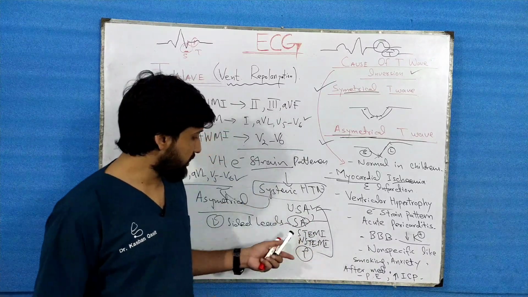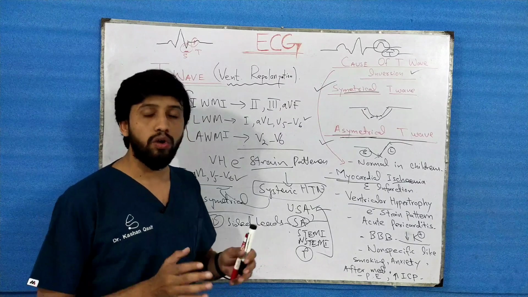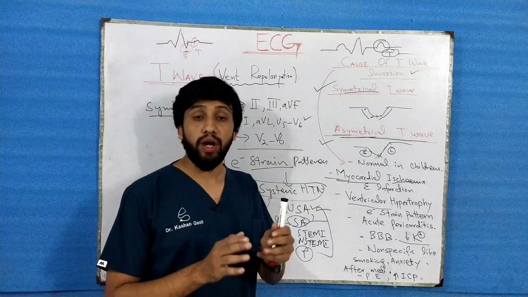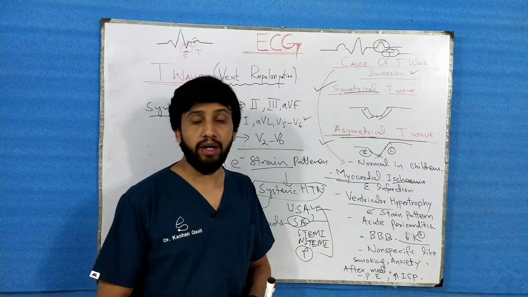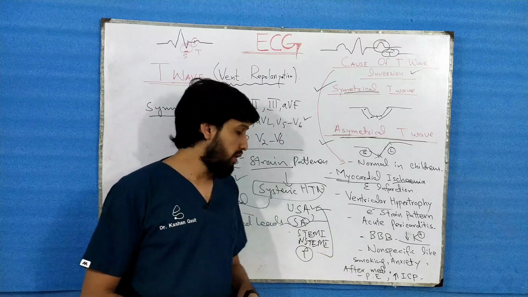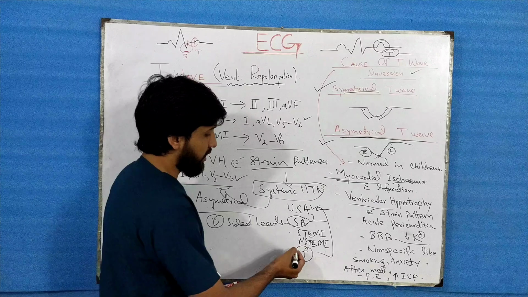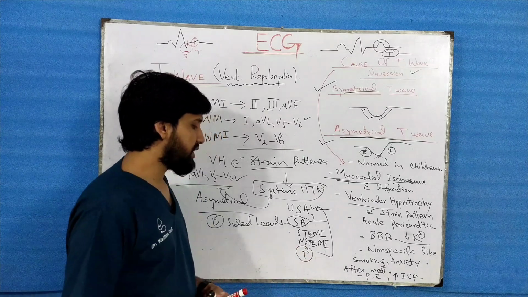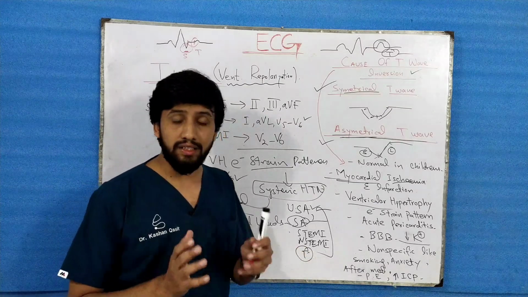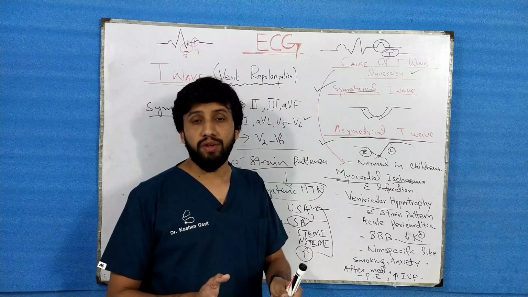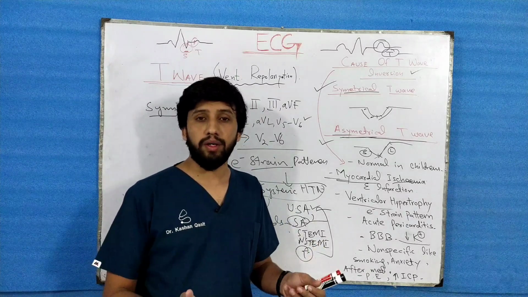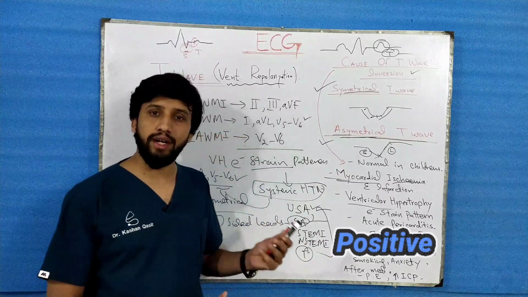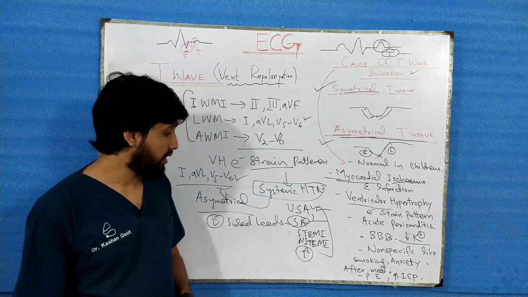Then comes another condition, which is NSTEMI, non-ST elevated MI. We have discussed non-ST elevated MI and ST elevated MI in previous lectures also. But here our concern is regarding the T wave inversion. You will see the T wave inversion in NSTEMI also, and the patient will also be complaining of chest pain, and the cardiac biomarkers will be negative in NSTEMI.